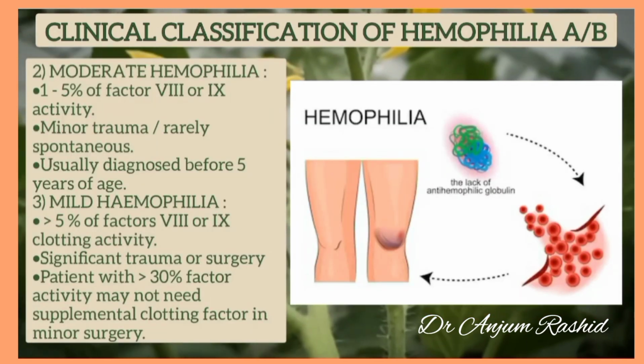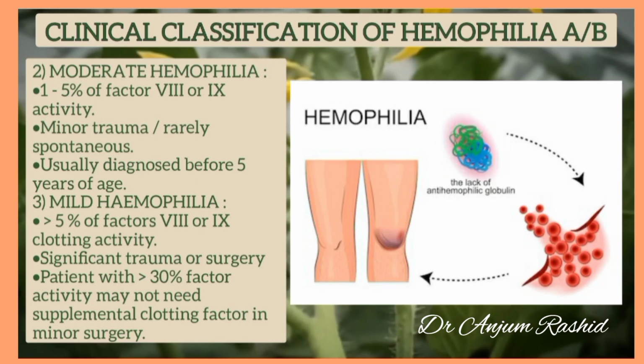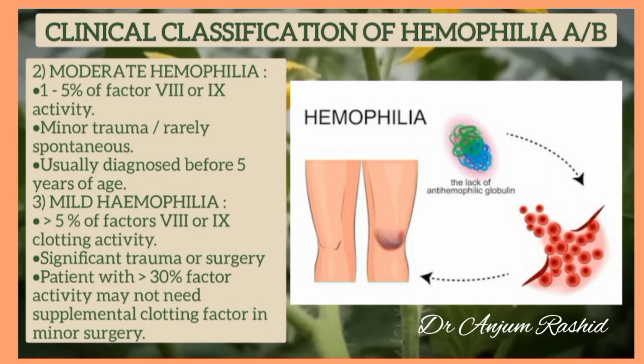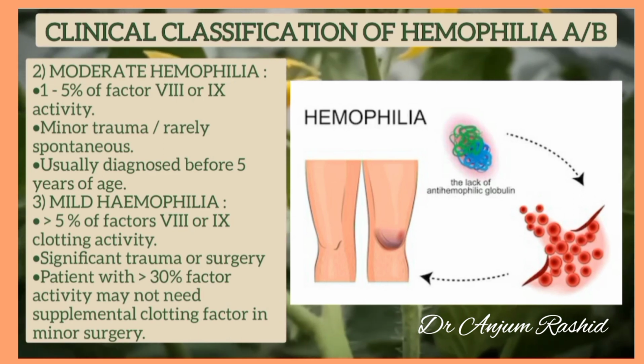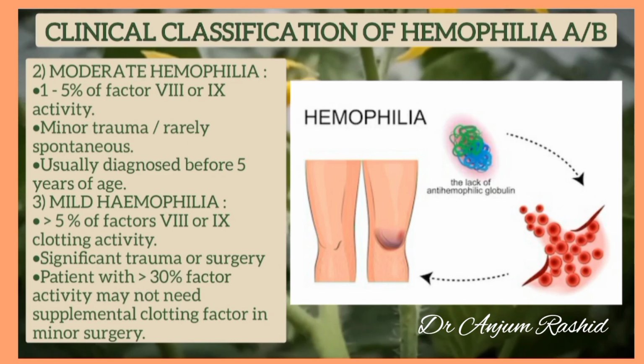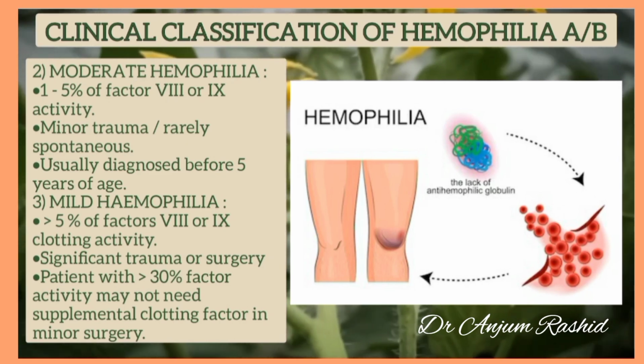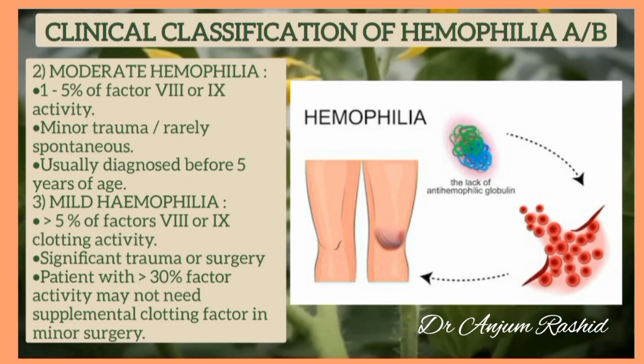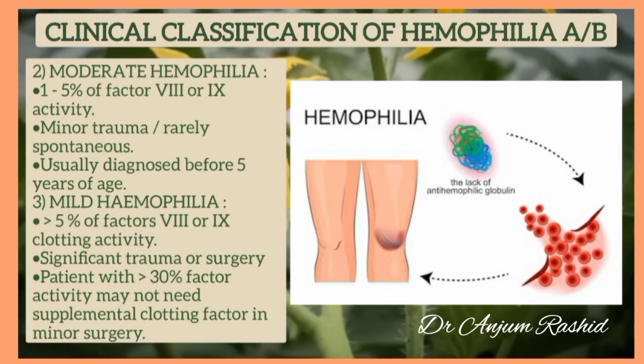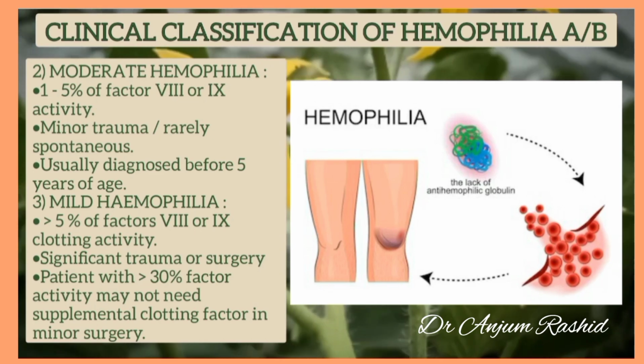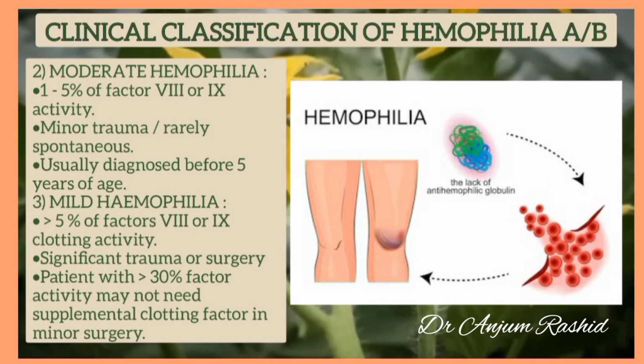Next is moderate hemophilia. In this, the factor 8 or factor 9 activity is 1 to 5%. Now, bleeding results from minor trauma and rarely it may be spontaneous. It is usually diagnosed before 5 years of age. And third is mild hemophilia. In this, the factor 8 or factor 9 activity is more than 5% and significant trauma or surgery is required for bleeding.